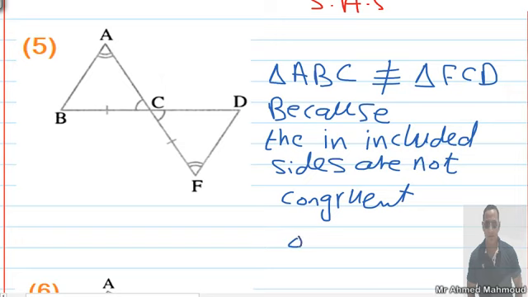Or you can say that AC is not congruent to FC.